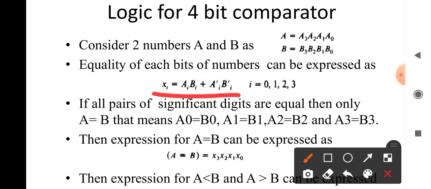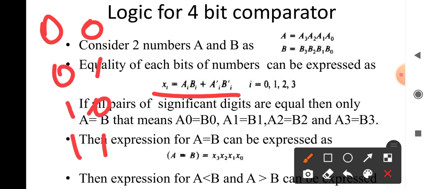XNOR gate output for 00, 01, 10, 11. The XNOR gate output is 1 only when both inputs are equal, otherwise it will not be 1.